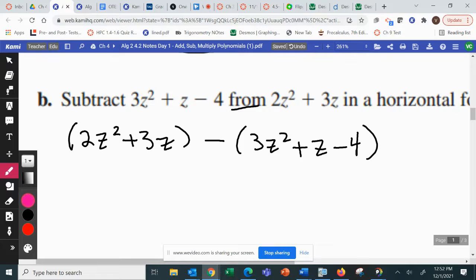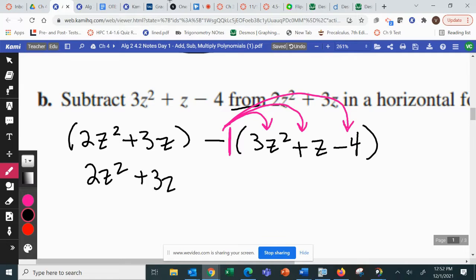We're going to have to distribute. What am I going to distribute to get rid of the parenthesis? It's going to be a negative 1. So I'll have 2z squared plus 3z minus 3z squared minus z plus 4.